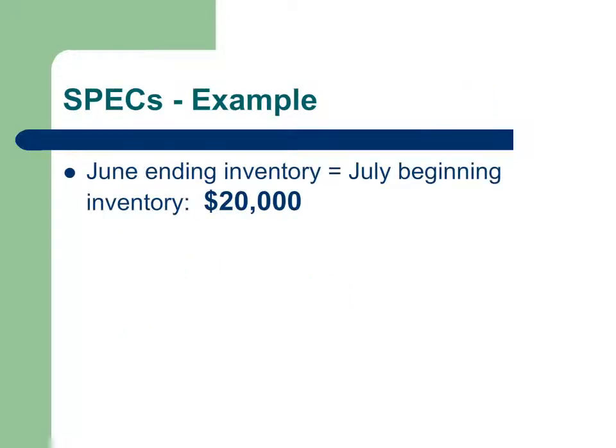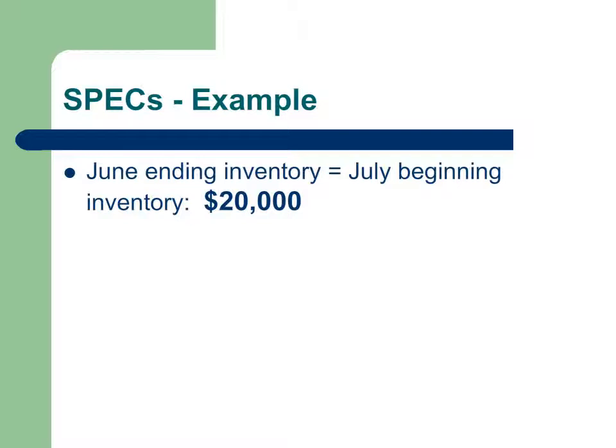Let's consider an example. On June 30th, Rogers Toy and Hobby Store had an ending inventory of $20,000. So it stands to reason that starting inventory for July is also $20,000. Next, we add all the inventory purchased in July.